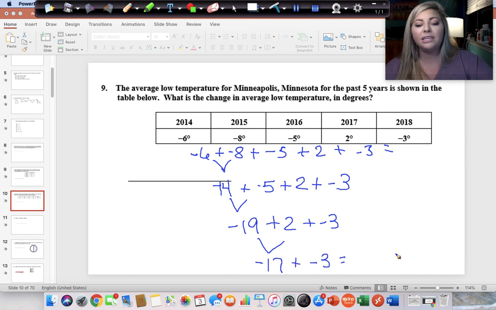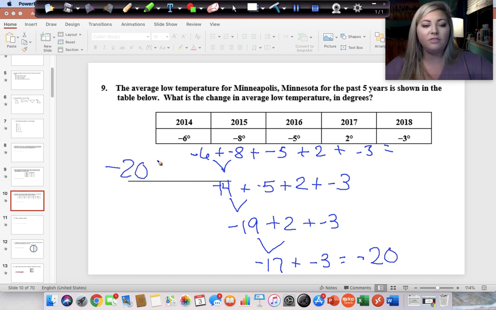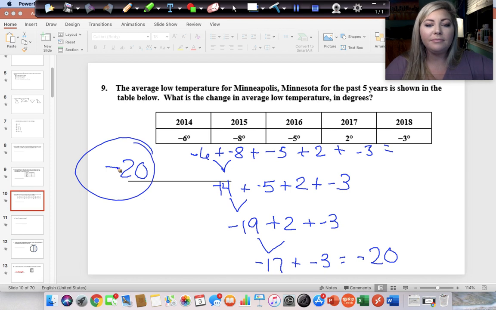And -17 plus -3 gives us -20. So the change is -20 degrees.